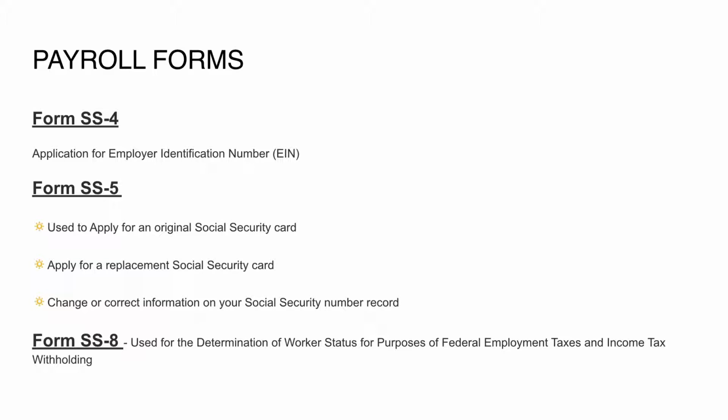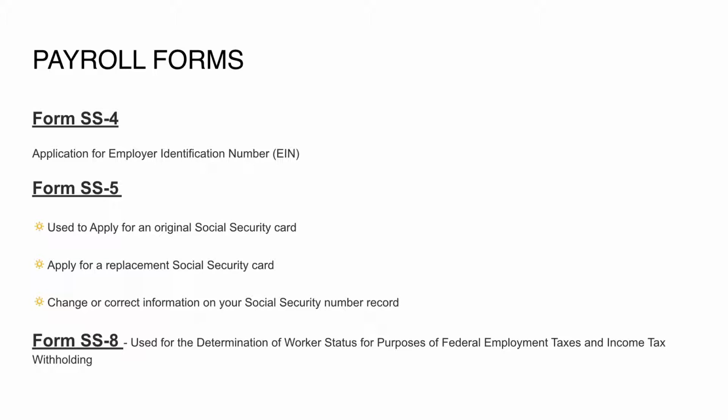Form SS-4, Application for Employer Identification Number, EIN. Form SS-5. It is used to apply for an original Social Security card.